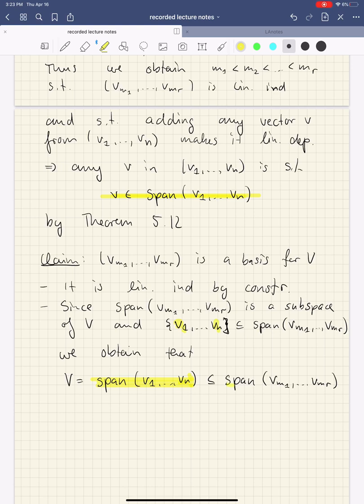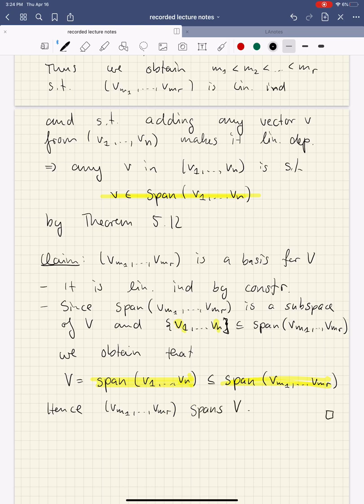So since the subspace on the right contains these elements, it has to contain the whole vector space. Hence, Vm1 through Vmr spans V, which completes the proof.